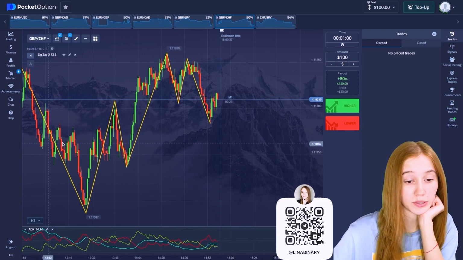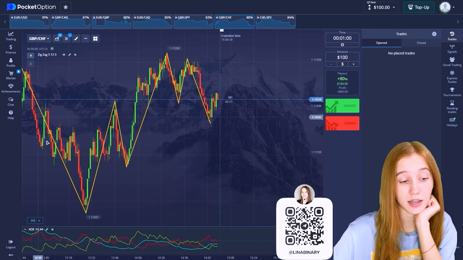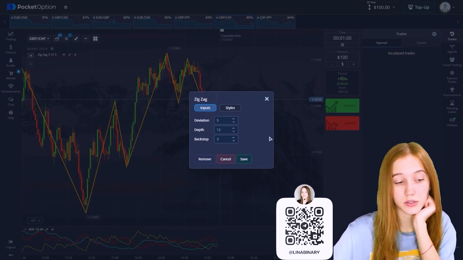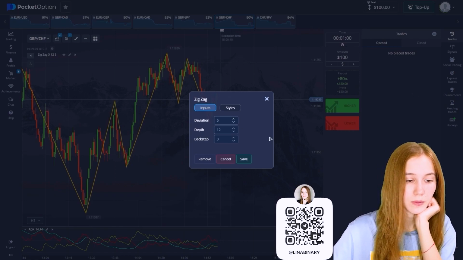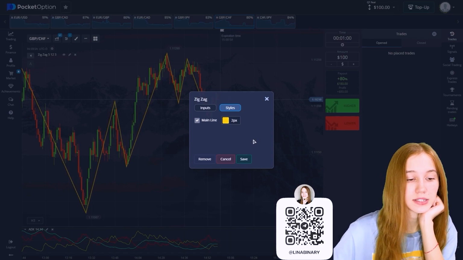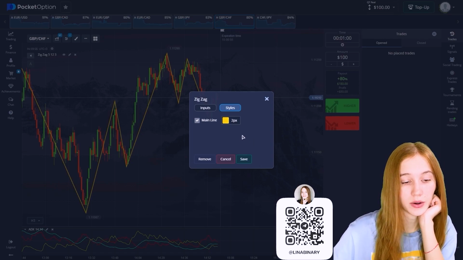I think it will be ZigZag, located on our chart. Here are its parameters. You can pause and screenshot it, copy it.